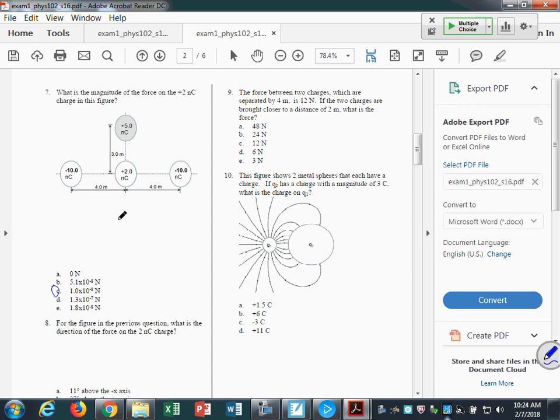Say, instead of this being minus 10, let's say it was minus 5.